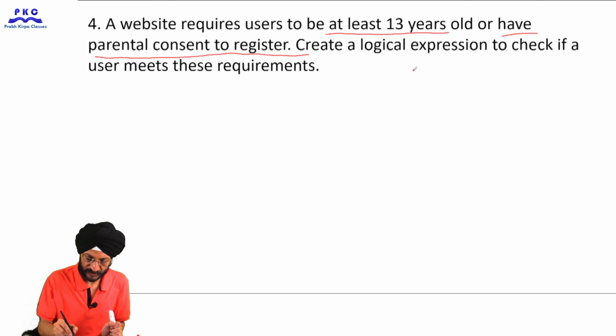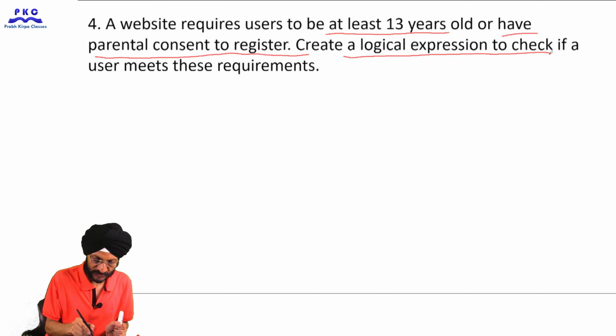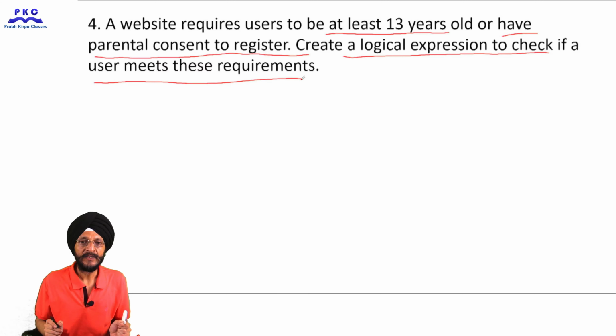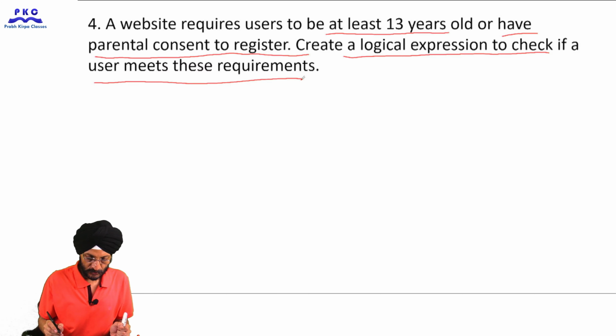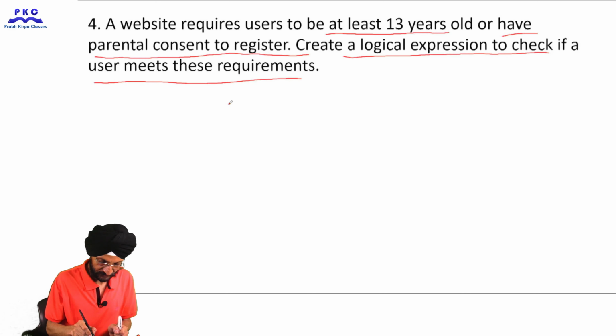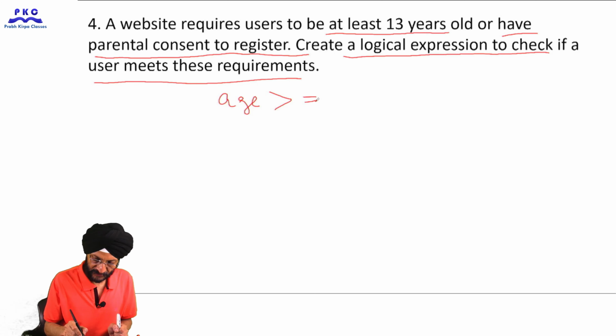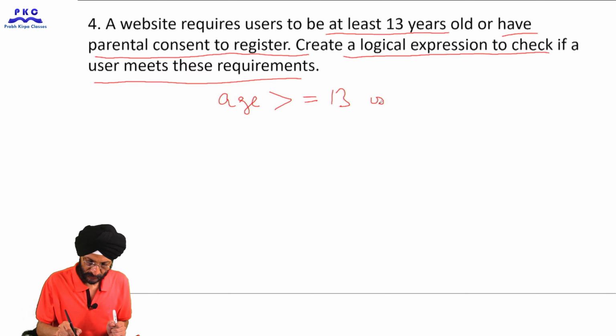This is the same situation. Create a logical expression to check if a user meets these requirements. So here what is given? Age has to be greater than or equal to 13 or has parental consent.